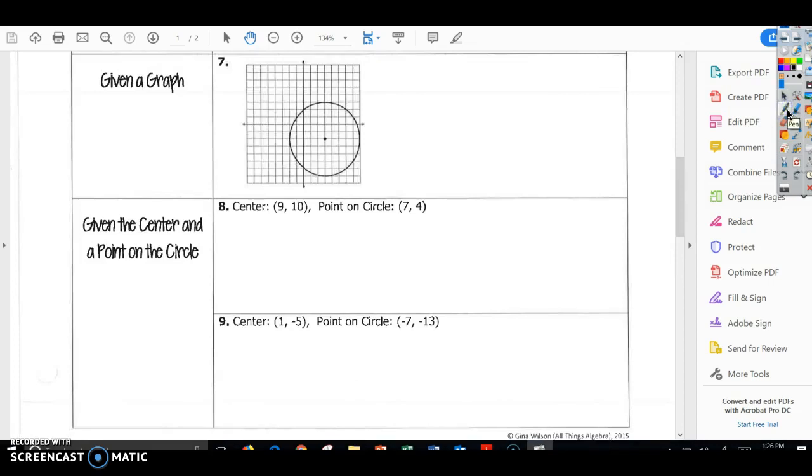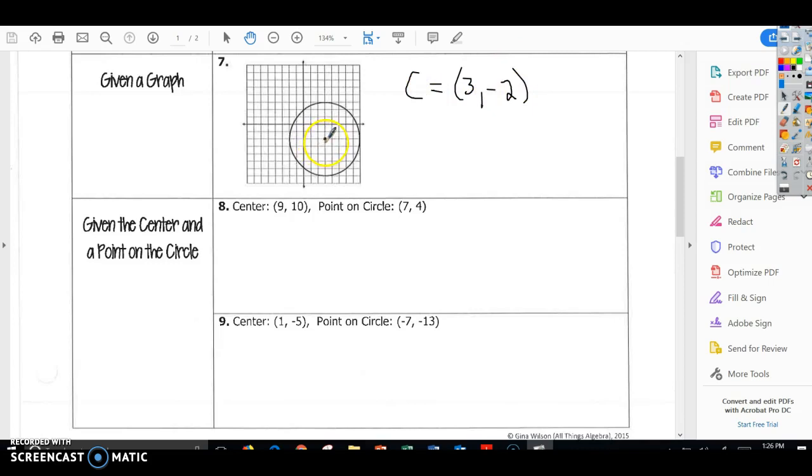All right, given a graph, we want to write an equation. So we're given a picture of a circle. So the first thing we want to do is find out where is the center of this circle. So we're going to start at the origin, and we're going to count over on our x's, 1, 2, 3, and down 1, 2. So we can say that our center is 3, -2.